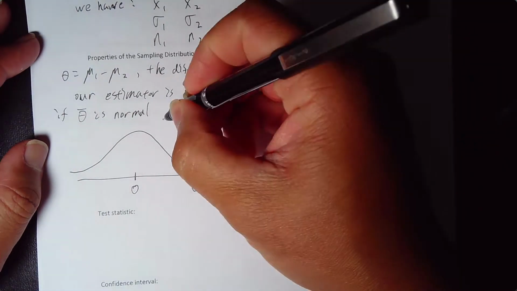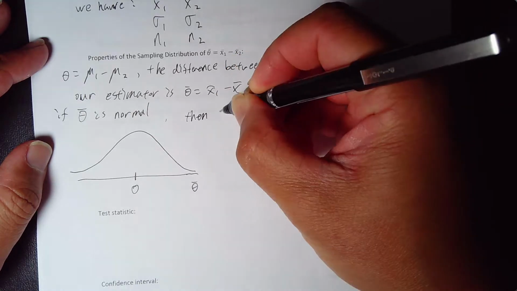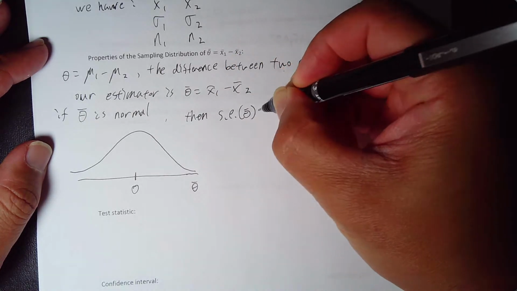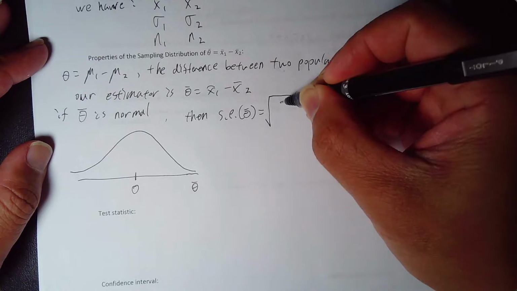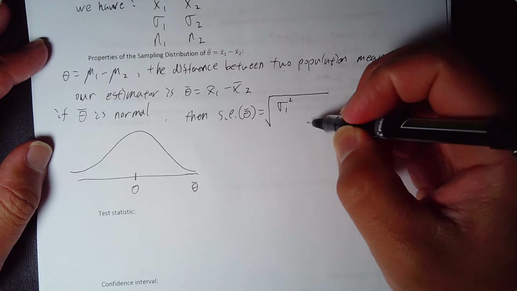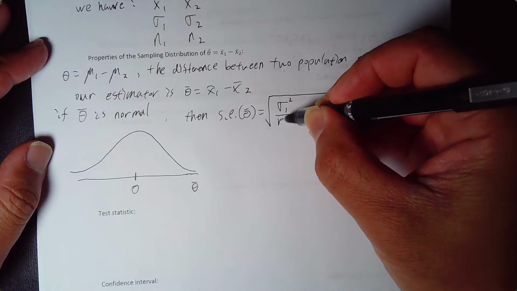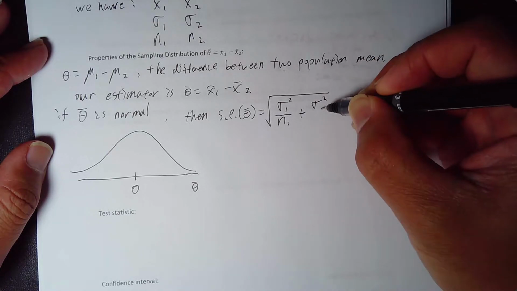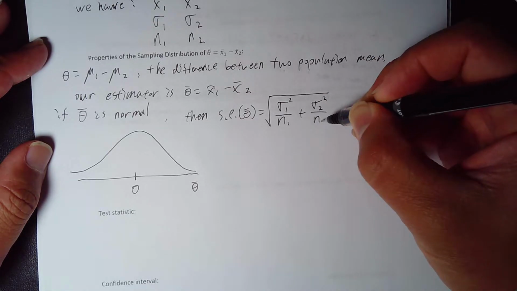Then the standard error of theta bar equals the square root of the variance of the first population plus the variance of the second population, divided by the sample size.